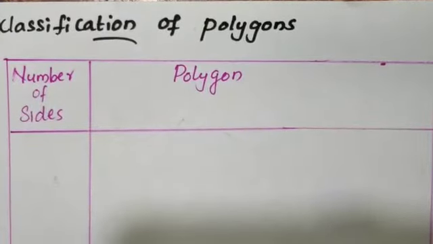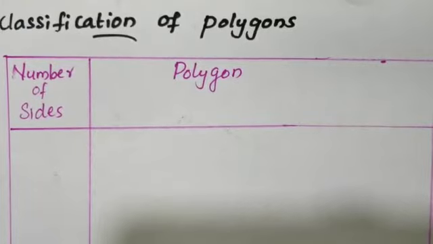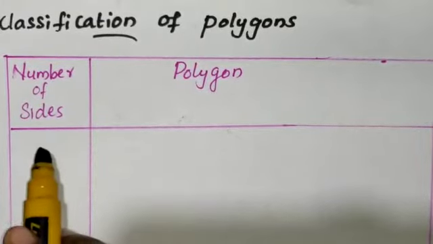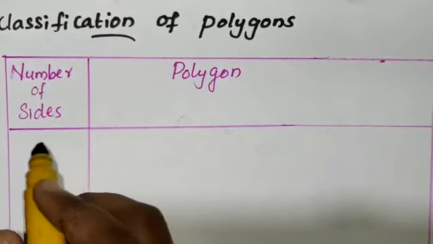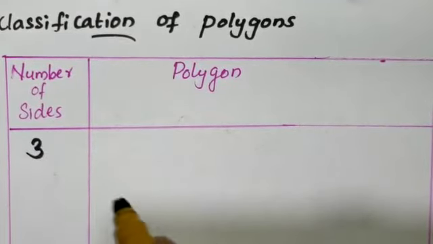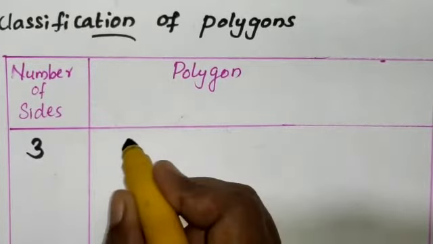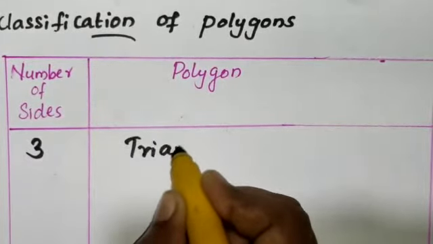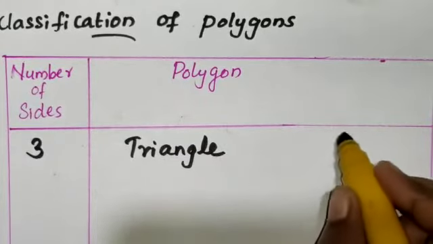We can classify polygons according to the number of sides. If the number of sides or vertices is 3, we call it a triangle. Isn't it? A triangle has 3 sides and 3 corners.